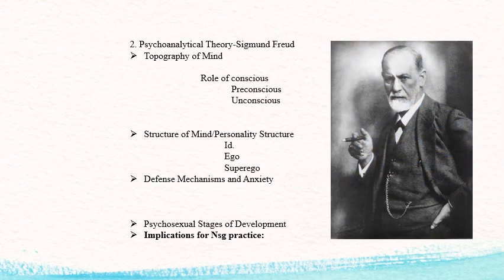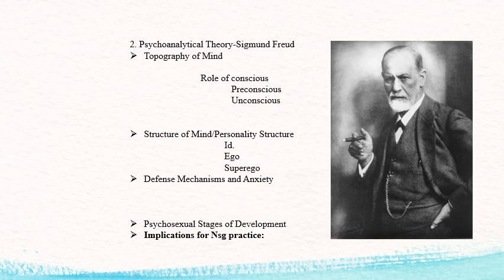The next is the psychoanalytical theory, Sigmund Freud, which most of you are familiar with. Again, we remember that his big emphasis is that the first 5 years of a person's life are the most important. He talked about the topography of the mind, the role of the conscious, and all of this should be review for you. I'm going to let you take notes on this on your own.